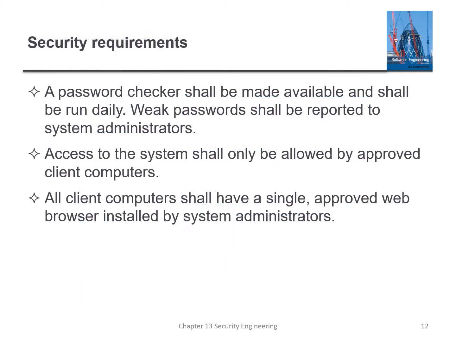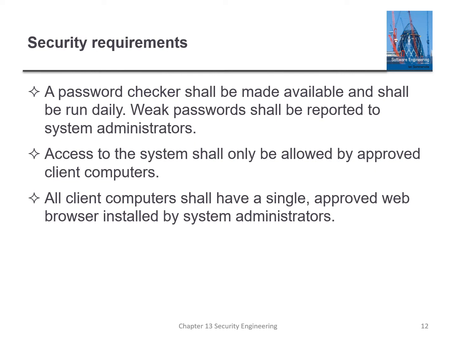Okay. So at this point of time, the security requirements that have been defined earlier during the preliminary phase can be refined or made even more detailed. All right. For example, now that you know who the users are and where the system will be accessed, you can make it more detailed by emphasizing, for example, that access to the system is only allowed at the client computer, maybe in that organization.